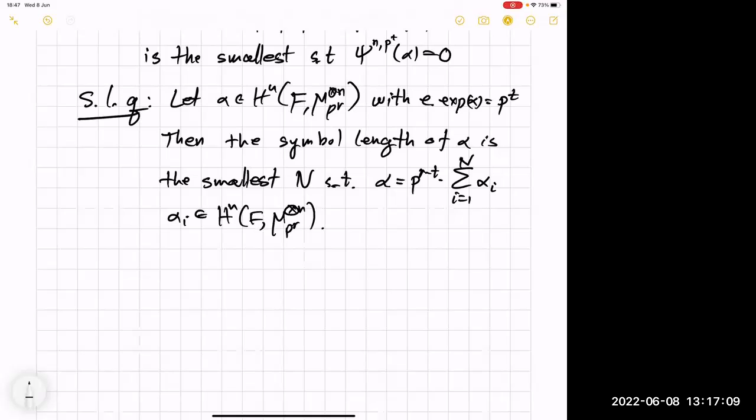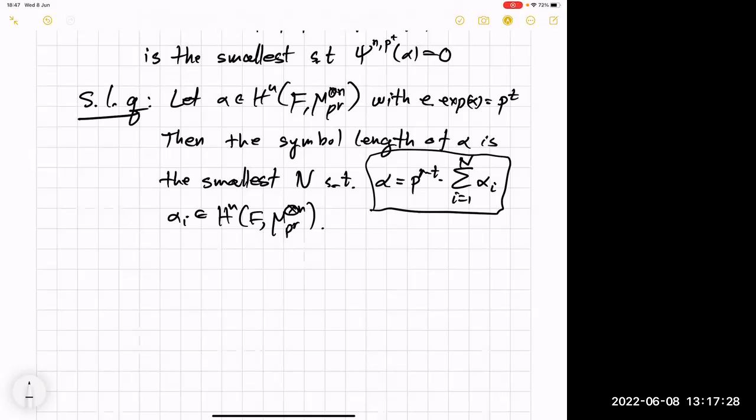Okay, so we know if it has effective exponent p^t, it's in the kernel of the right-hand map in the exact sequence. So it has to be an image of something from the left-hand side. And this is exactly how the images look. And the number of symbols needed is what you call the symbol length.